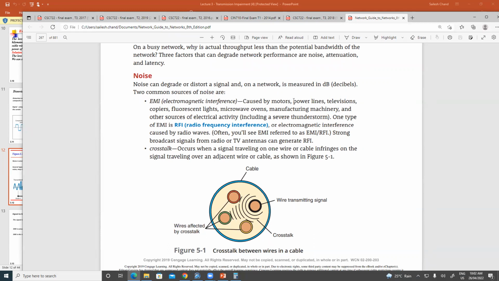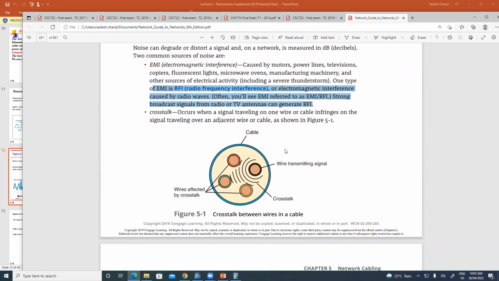EMI, caused by motors, power lines, televisions, copiers, fluorescent lights, microwave ovens, manufacturing machinery, and other sources of electrical activity, including a severe thunderstorm, can introduce EMI, and that can cause noise. One type of EMI is RFI, or electromagnetic interference caused by radio waves, and strong broadcast signals from radio or TV antennas can also generate RFI. So that is what I just stated.